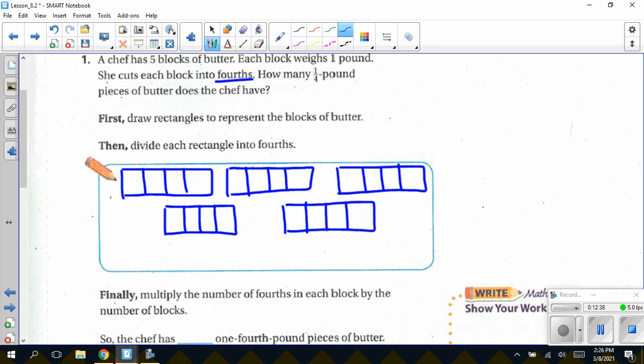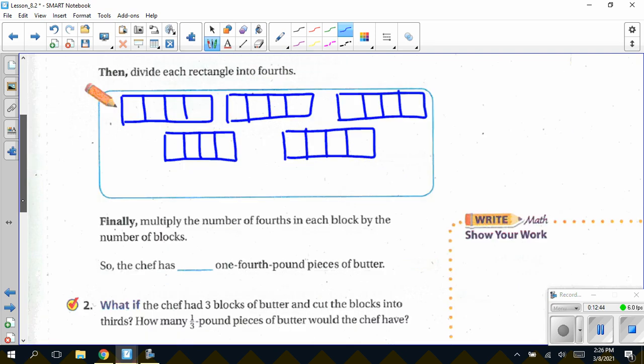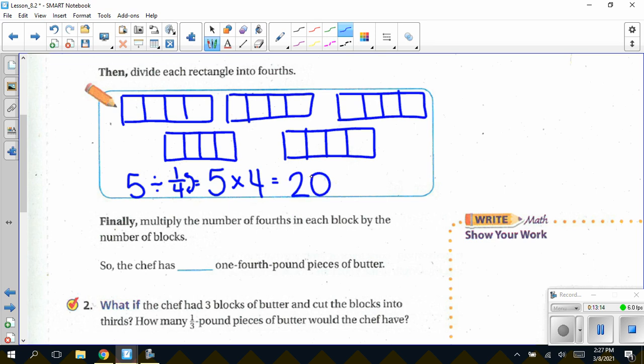So I could count all of my 1/4 size pieces that I created, or I am going to also show the division problem where I took those 5 blocks of butter, divided them into 1/4 size pieces, change that to its multiplication problem, so the first number always stays the same, write your times sign, and then we are going to flip or take the reciprocal of the second number, so 4/1 just equals 4, and then 5 times 4 does give us 20. So therefore, the chef has 20 1/4 pound pieces of butter.